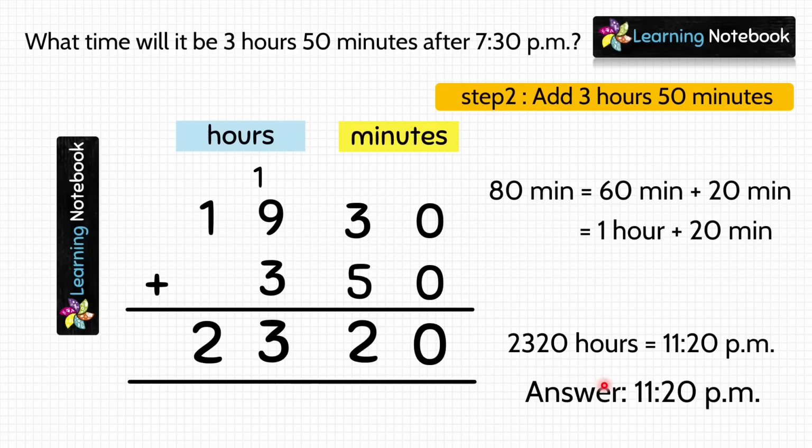And we get the answer as 11:20 p.m. So it means 3 hours 50 minutes after 7:30 p.m. is 11:20 p.m.